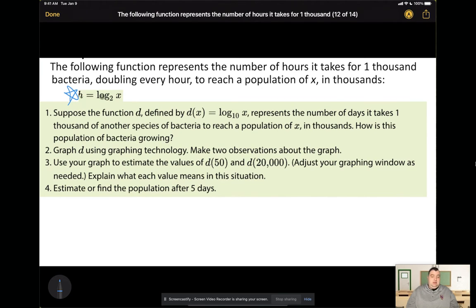Well, in log base 2 of x, when we were doubling every hour, the base was 2. So in the case of function d, the base is 10. So how is the population of bacteria growing? It's multiplying. Instead of multiplying by 2 every hour, it's multiplying by 10 every hour.